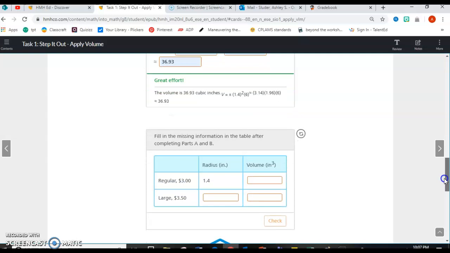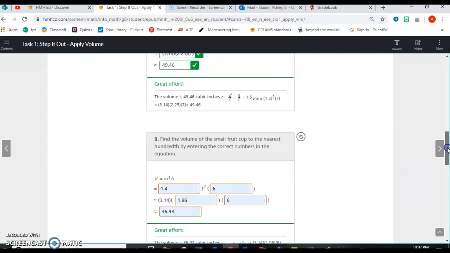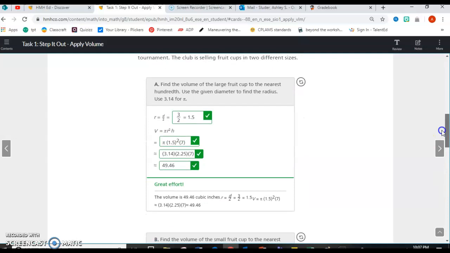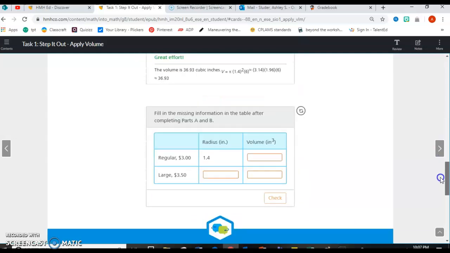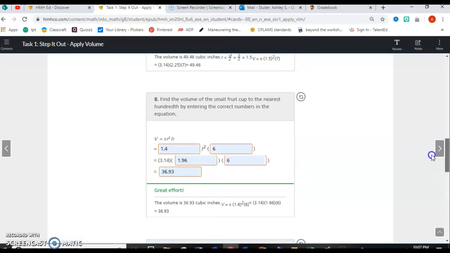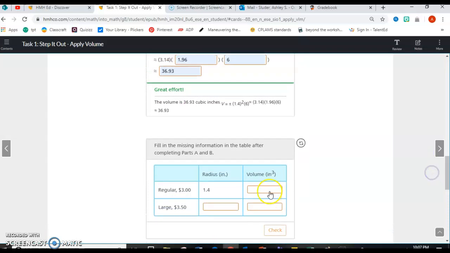So fill in the missing information of the table after completing parts A and B. We know that the regular size fruit cup is $3 with a radius of 1.4 and the volume of 49. Ooh, wait, hold on. Regular one is a small one, so that would be 36.93.